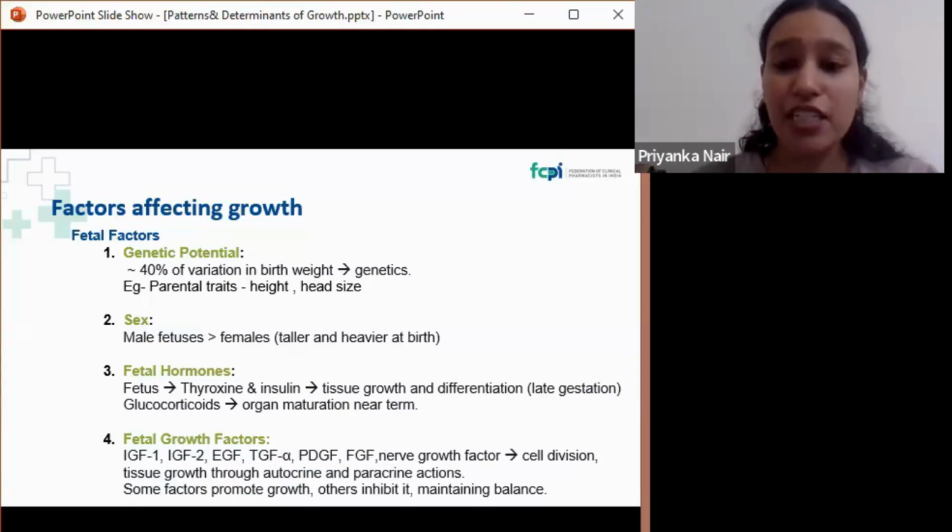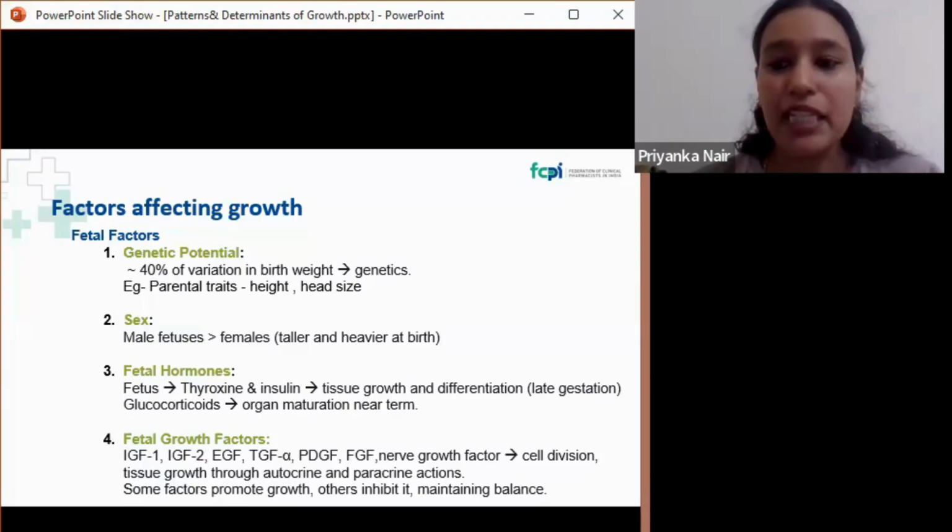Then we have our fetal hormones coming into play. The fetus secretes thyroxine and insulin, which helps in tissue growth and differentiation, especially in the late gestation period. Also, glucocorticoids contribute to organ maturation. Apart from this, the fetus also secretes these growth factors called IGF-1, IGF-2, EGF, nerve growth factor.